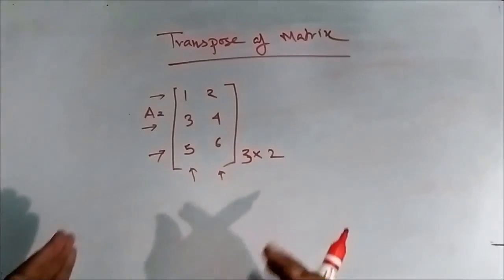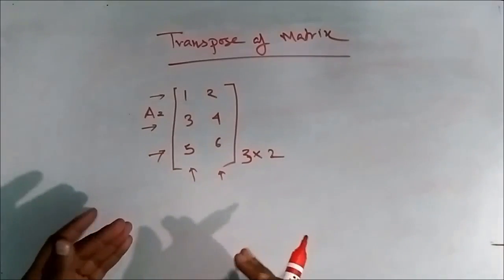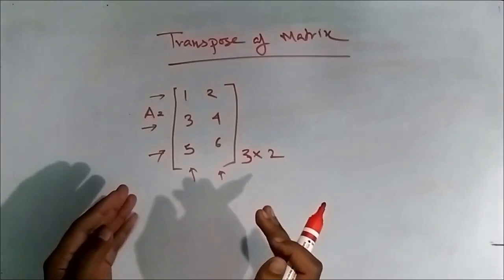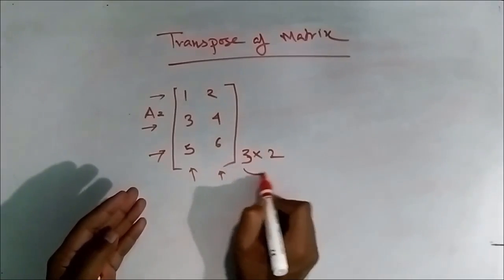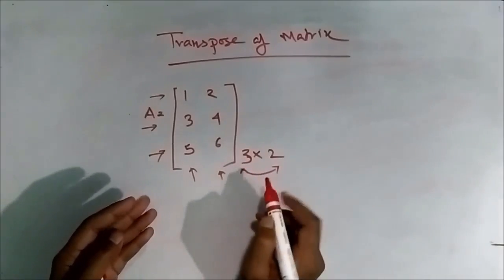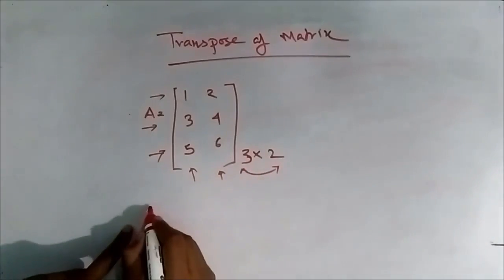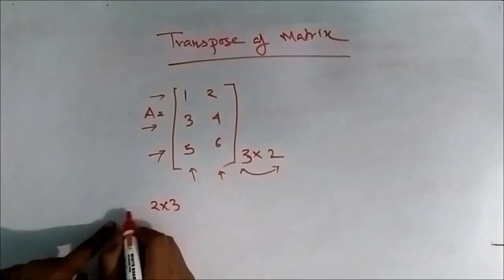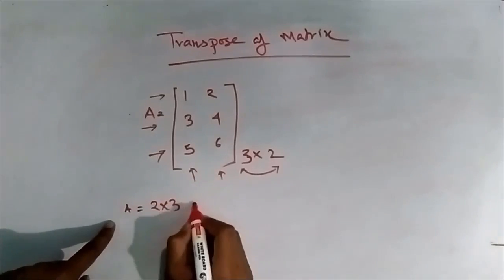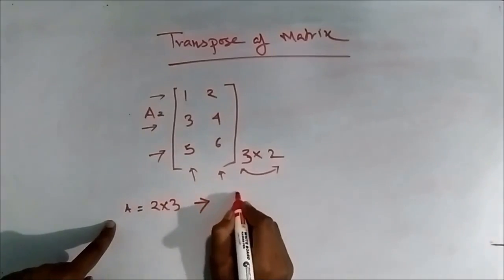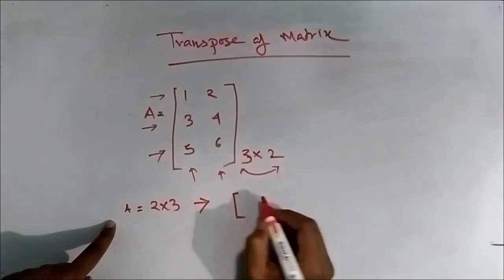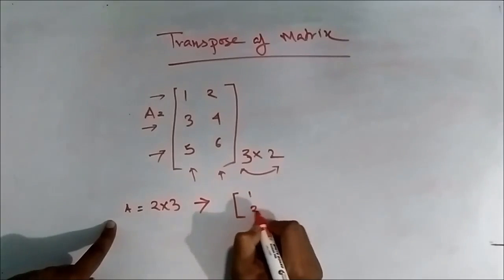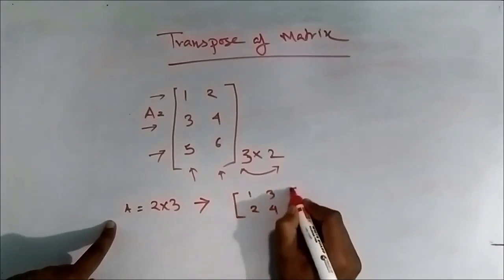And if we reverse this arrangement, reverse in the sense, if we write the reverse of the order of this matrix, that is, if we want to write the 2 cross 3 order of the same matrix, then the matrix will be 1 3 5, 2 4 6.